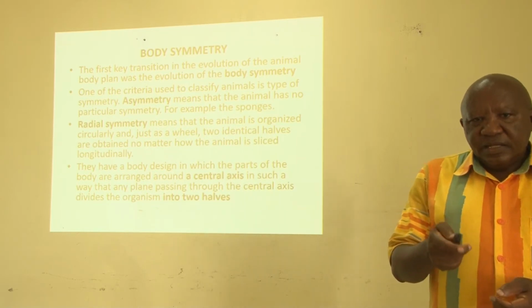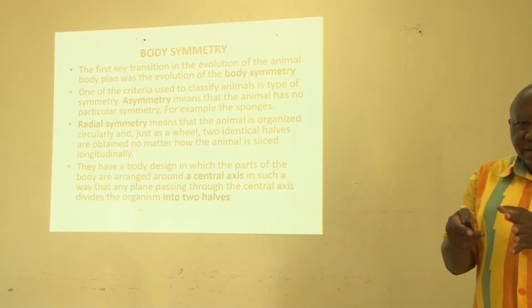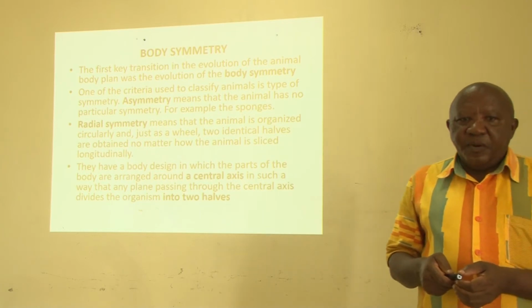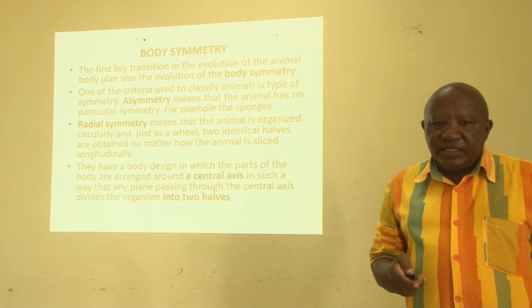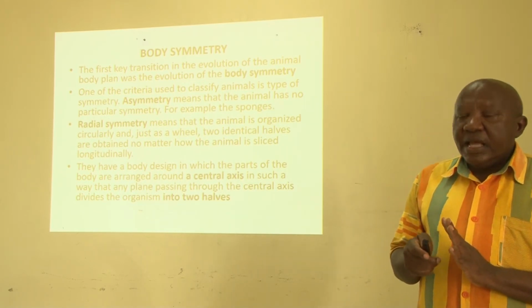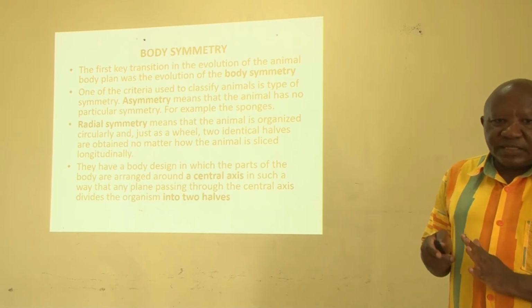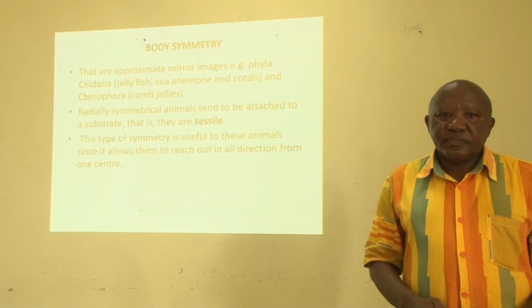We are going to see examples of body symmetry in the slides below. They have a body design in which the parts of the body are arranged around a central axis in such a way that any plane passing through the central axis divides the organism into two halves.